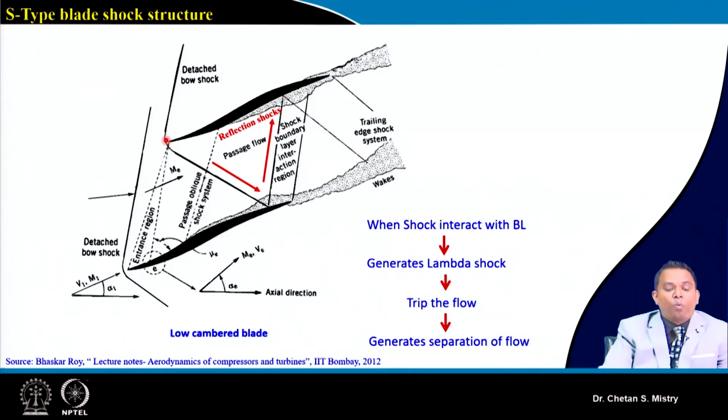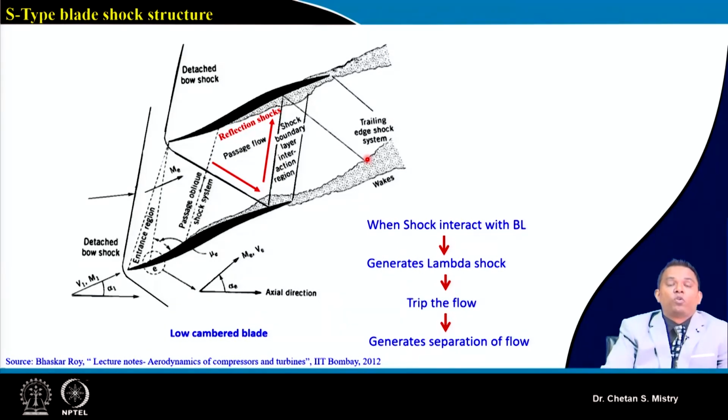Now when this shock strikes my suction surface, it gets reflected, and again it strikes the pressure surface, and then again it is getting reflected back. Now a very important phenomenon is happening. We know when our flow is working under adverse pressure gradient, we will have separation of the flow.